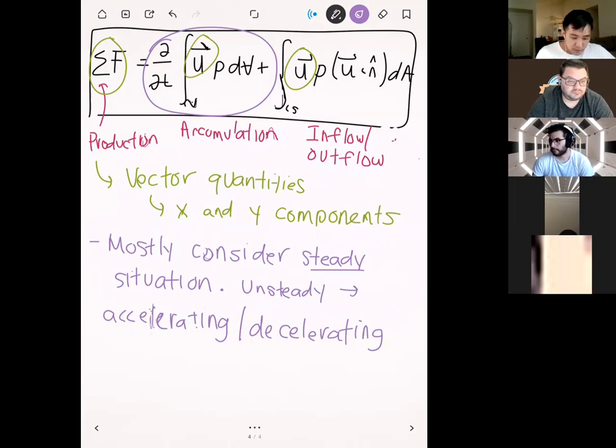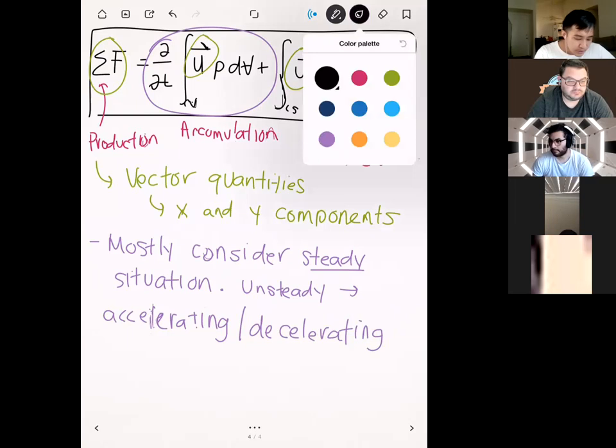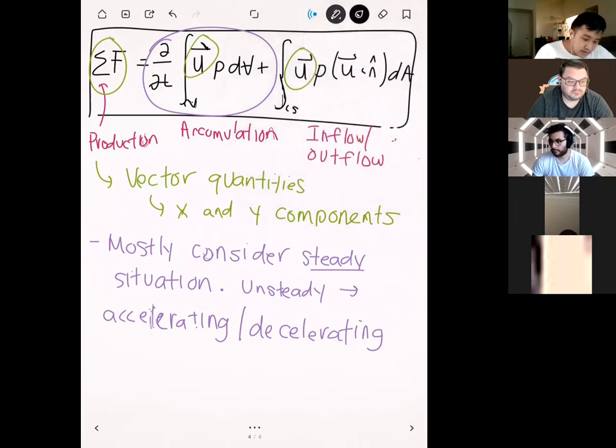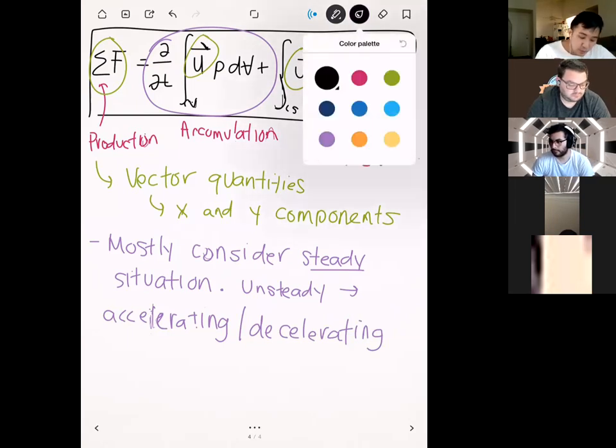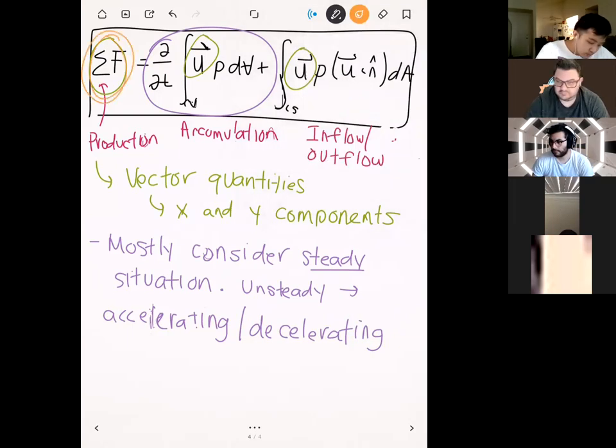Just like I mentioned on the previous page, a lot of times what we're interested in is these forces right here. In these problems, what we're going to be solving for are the external forces, and these external forces can have these kinds of effects on fluids.